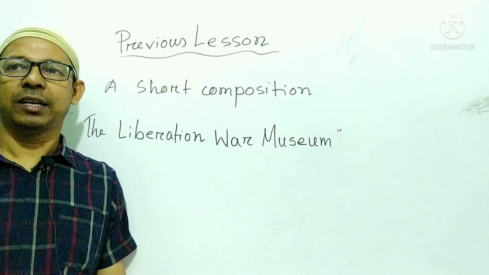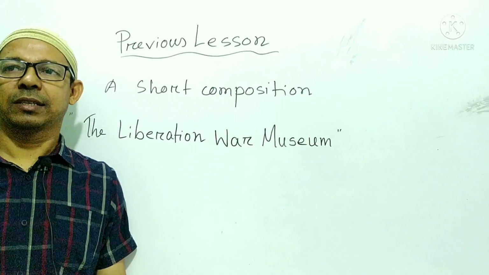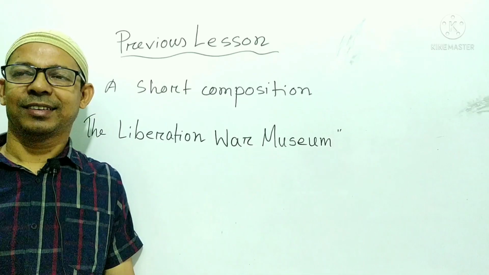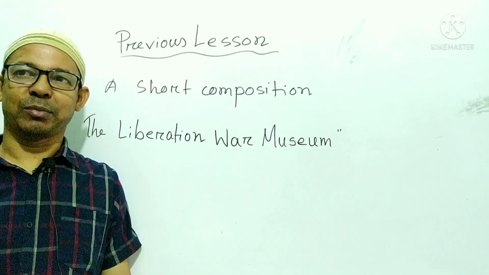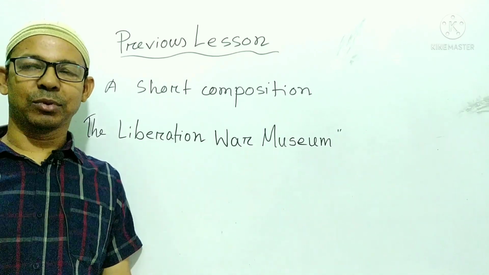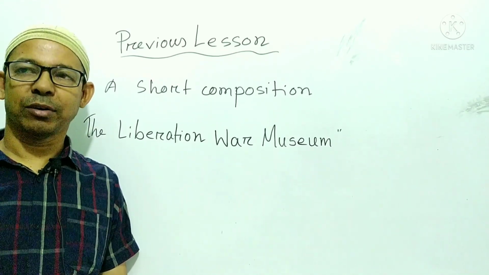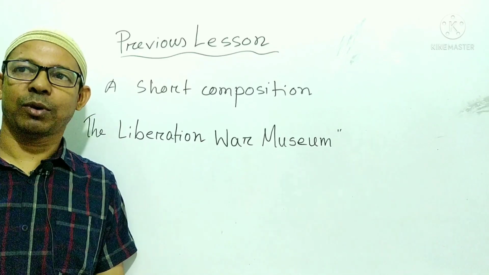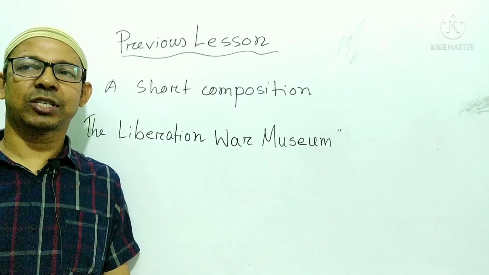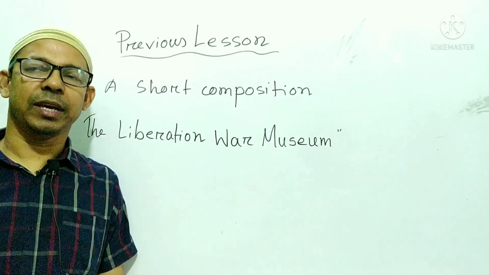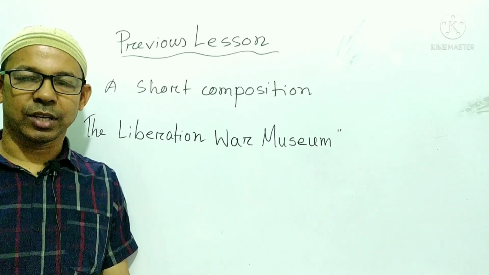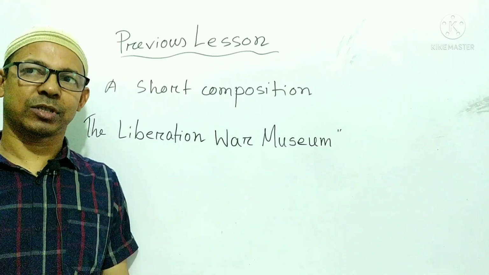Yes, my dear students, your previous lesson was short composition. What short composition? Yes, a short composition about the Liberation War Museum. The name of this short composition may be "A Field Trip" or "Your Visit to the Liberation War Museum."